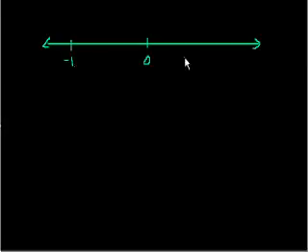We have a number line here. Let me draw it nice and big. Don't know how much space I'll need. Have 0 in the middle. 0 in the middle. -1 and 1. Let me draw these points now.